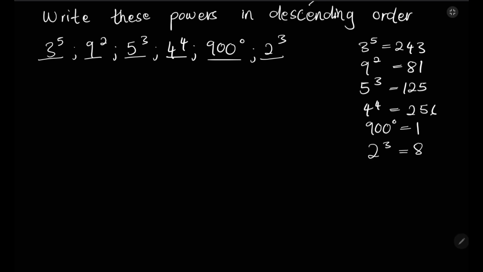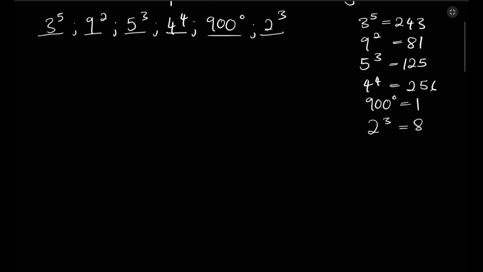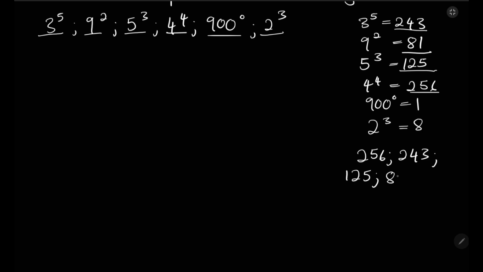Okay, remember we're arranging this in descending order, meaning from biggest to smallest. So which number is bigger than all of these? We have 256, followed by 243, followed by 125, followed by 81.